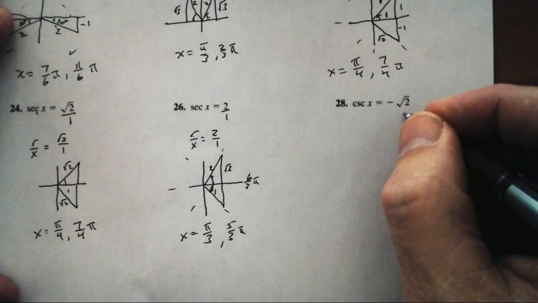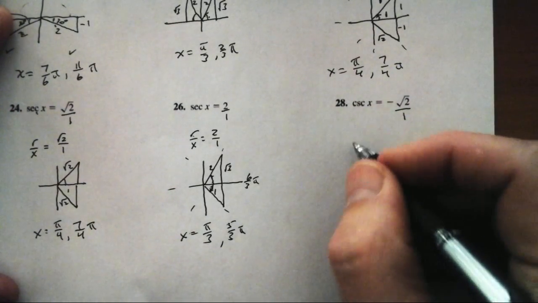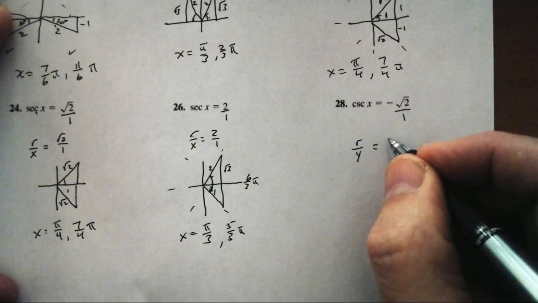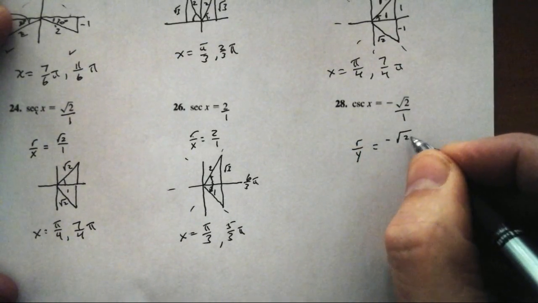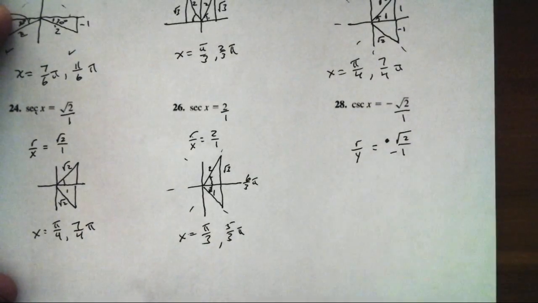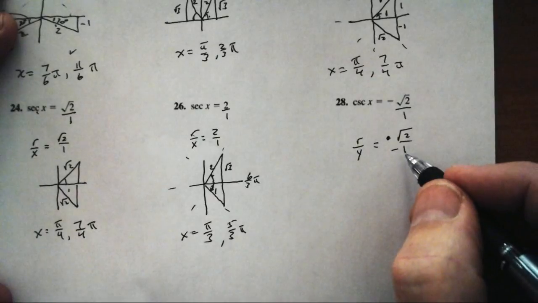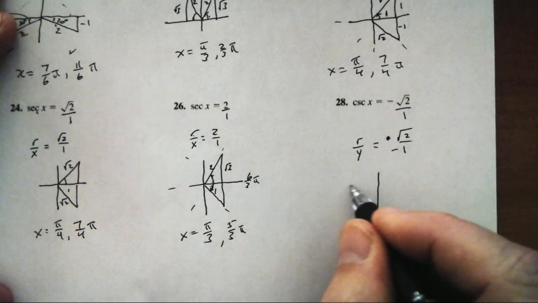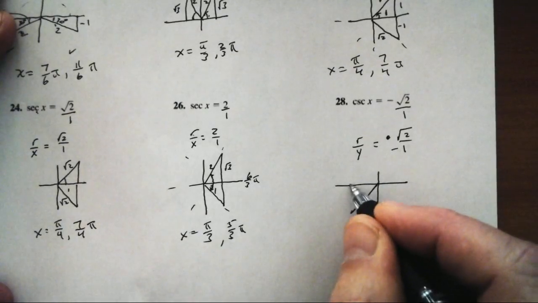And cosecant, negative square root of 2 on 1. That is r on y, reciprocal of sine, in ratio negative square root of 2 on 1. But r is not negative, so you might want to think of it as -1 down here. Y is negative. That's a 1, 1, square root of 2 right triangle, 45-45, where y is negative.